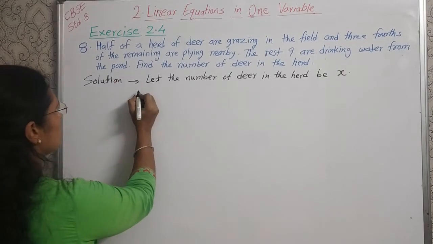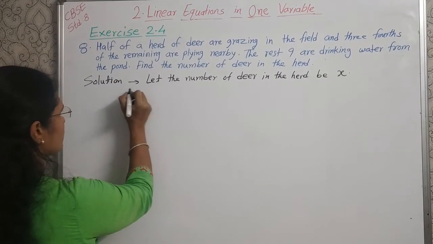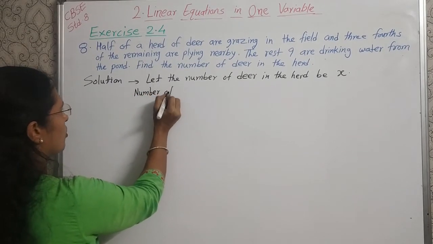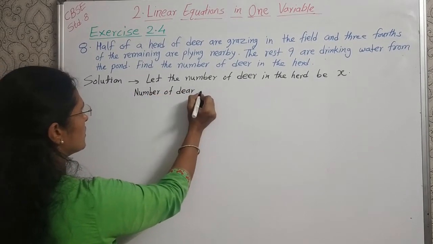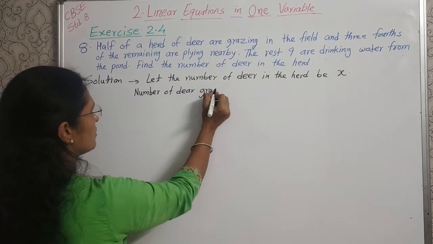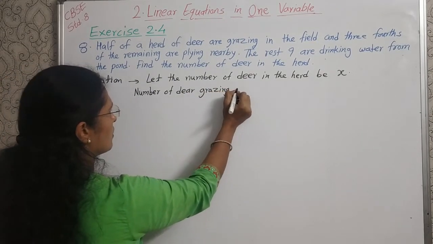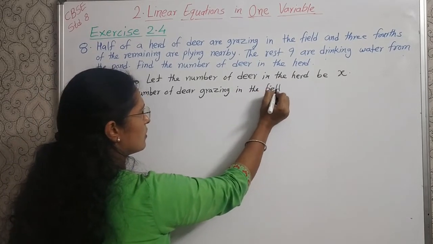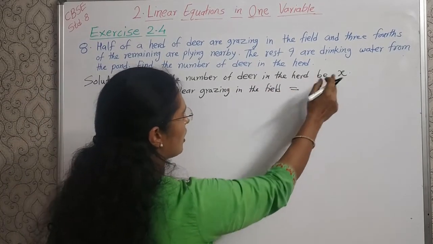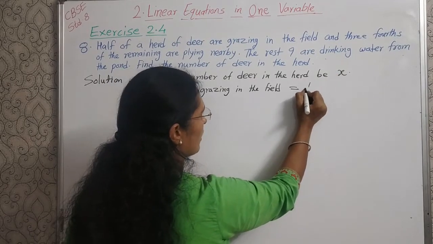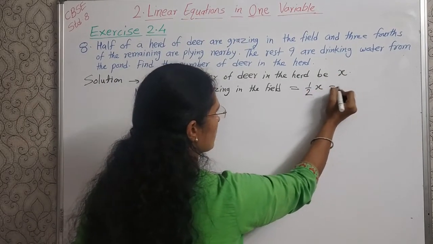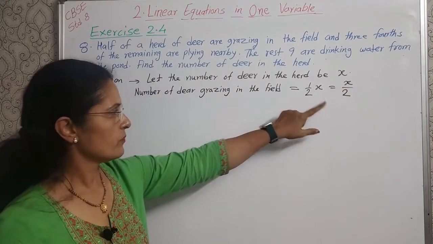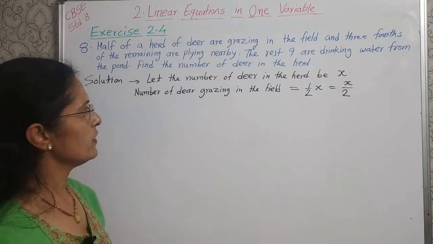So we'll write here: number of deer grazing in the field is equal to half of x, or we can write x by 2. So x by 2 deer are grazing in the field.